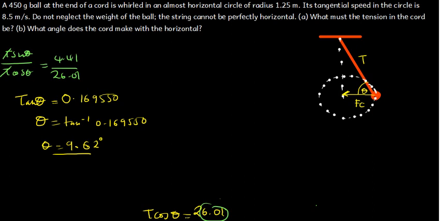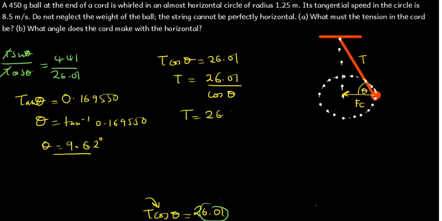Now what will be the tension in the cord? We can just use this formula here. Tension cos theta is equal to 26.01. That means tension is equal to 26.01 divided by cos theta, where the angle theta is 9.62.